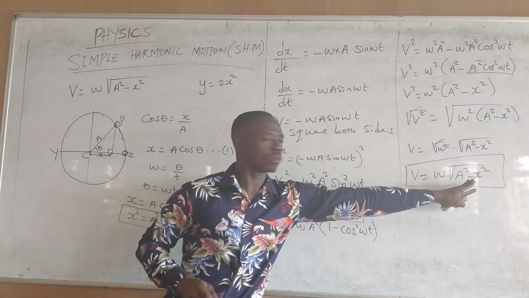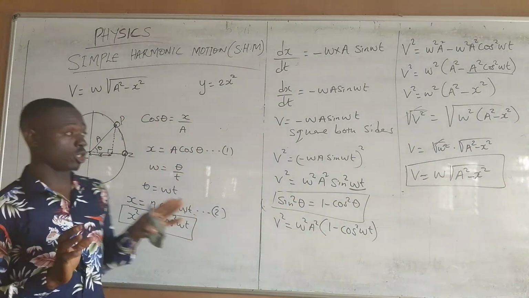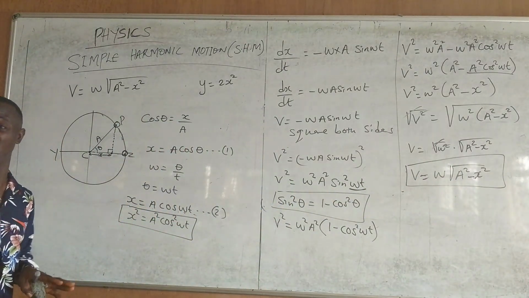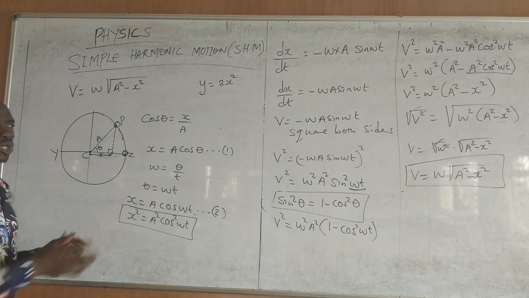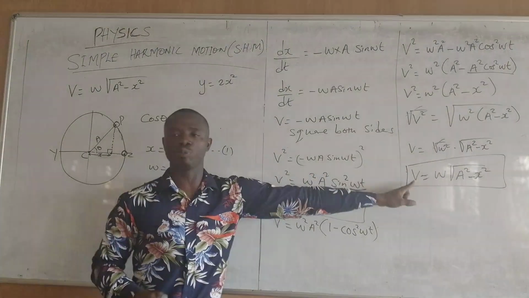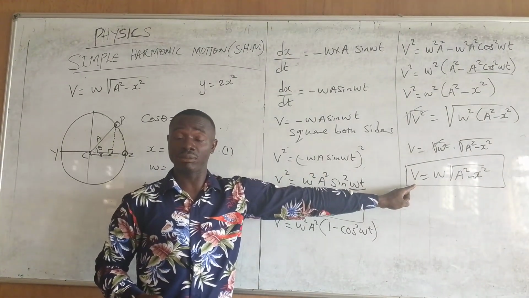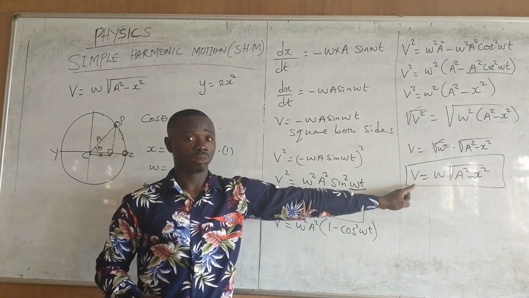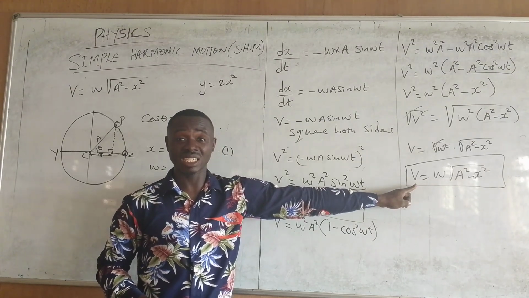Anywhere your object or body undergoing simple harmonic motion is, anywhere you have displacement, you can use this formula to calculate the speed at any instant of time.